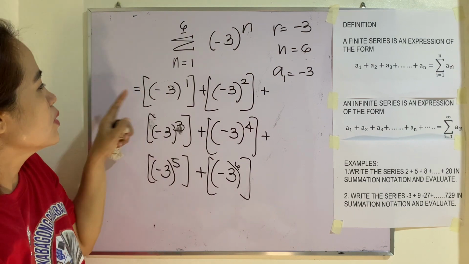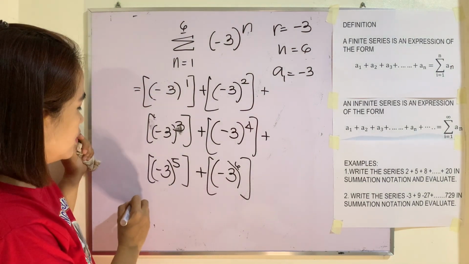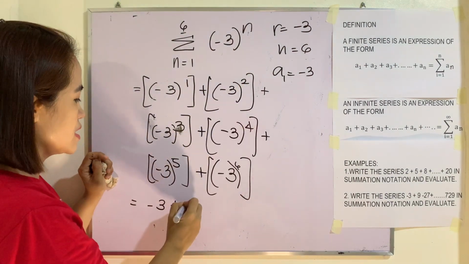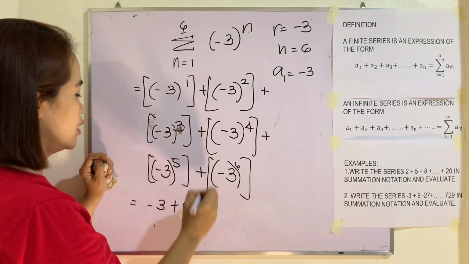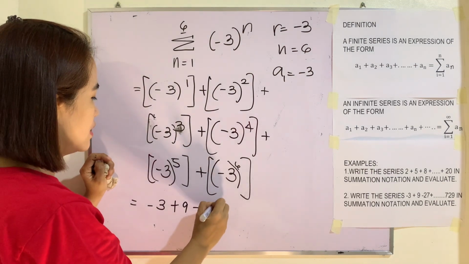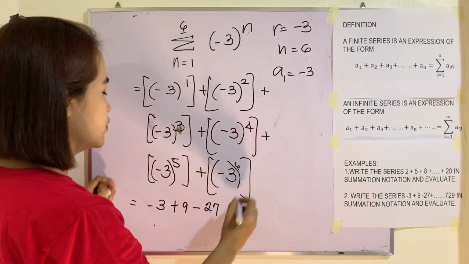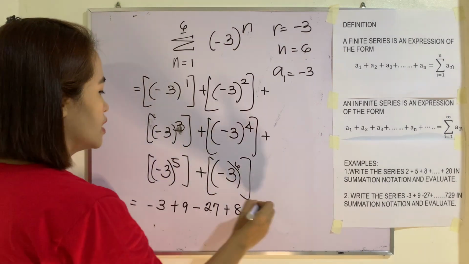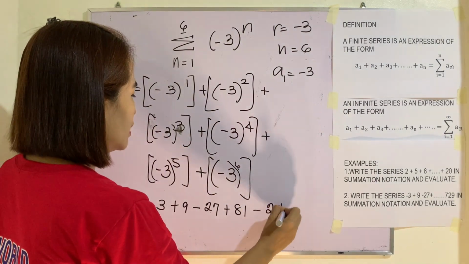Okay. So negative 3 raised to 1 is of course equal to negative 3. Plus negative 3 squared is 9. Negative 3 cubed is negative 27. Negative 3 raised to 4 is 81, positive. This one is 243, negative.